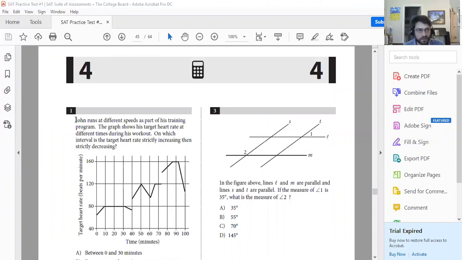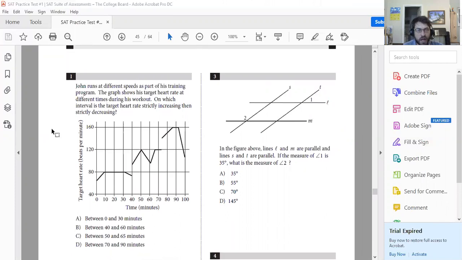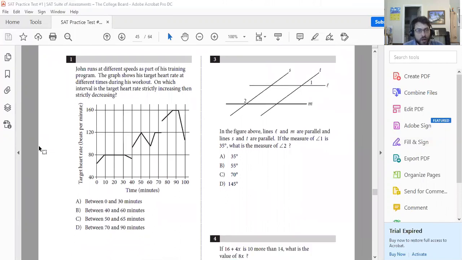Let's get started. Number 1, John runs at different speeds as part of his training program. The graph shows his target heart rate at different times during his workout. On which interval is the target heart rate strictly increasing, then strictly decreasing? Strictly increasing means it has to just go up and then go straight down.